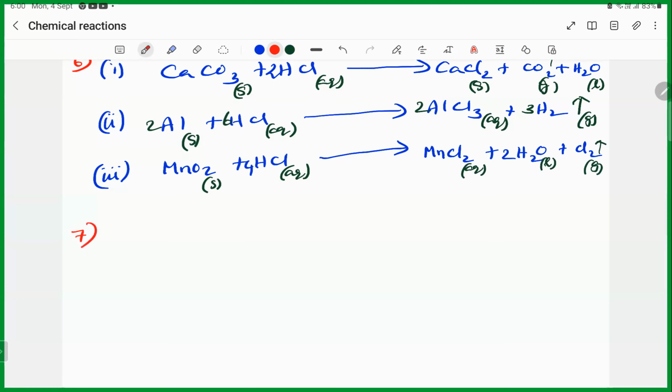7. When hydrogen gas is passed over heated copper 2 oxide. Oh, sorry. State the reason for the following. Number 1, potato chips manufacture.